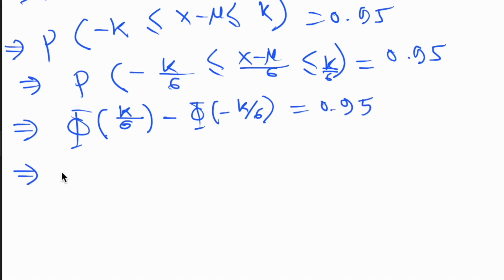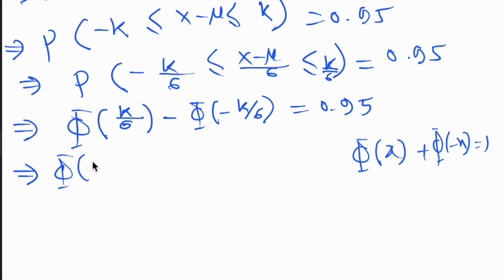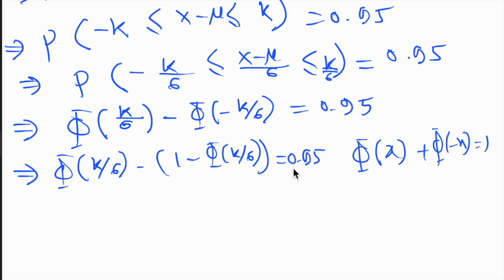Again we apply the rule: we know that phi of x plus phi of minus x is 1. If I apply that here, phi of k by sigma minus 1 minus phi of k by sigma is 0.95.